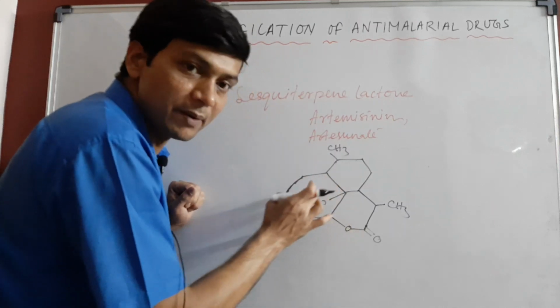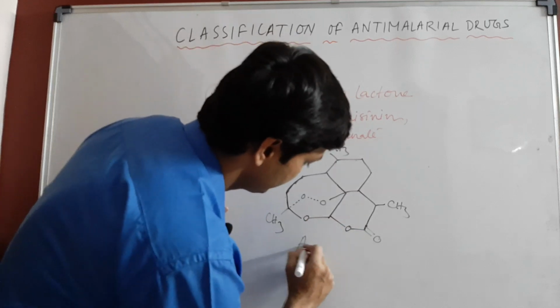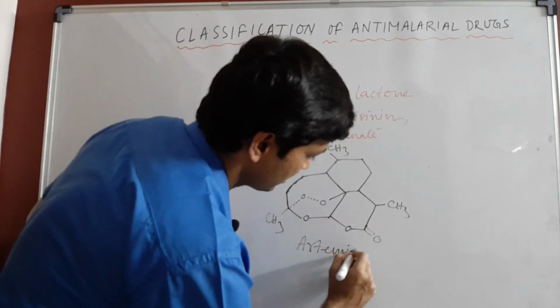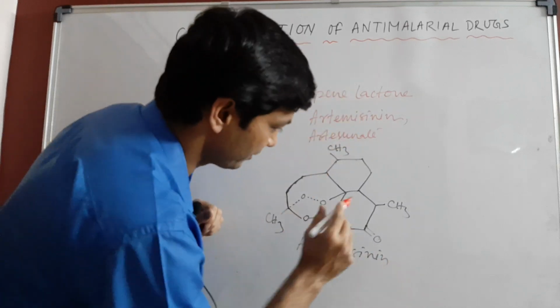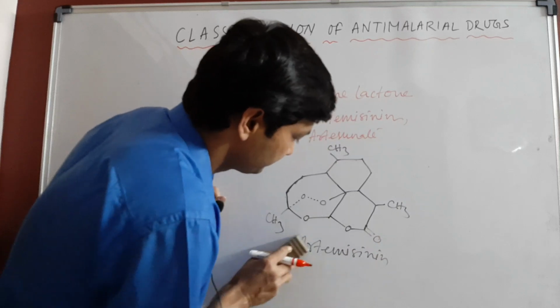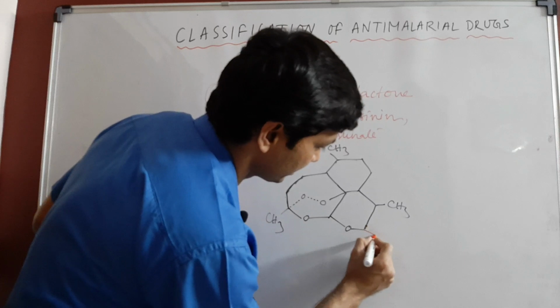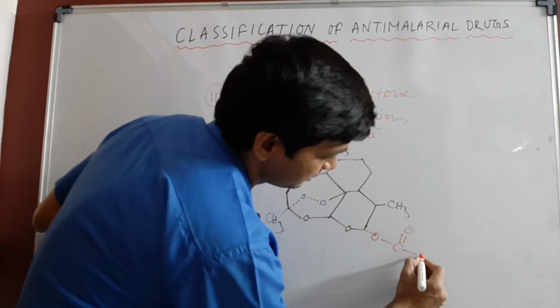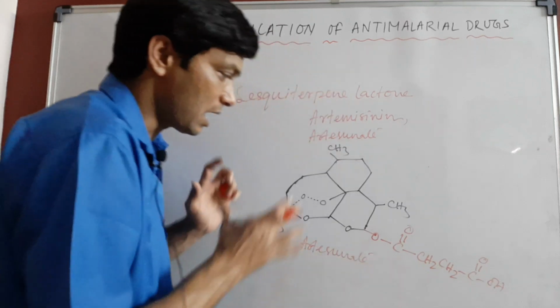This is a 7-member ring, and this is the artemisinin. And for artesunate, this position is something different. This is the structure of artesunate.